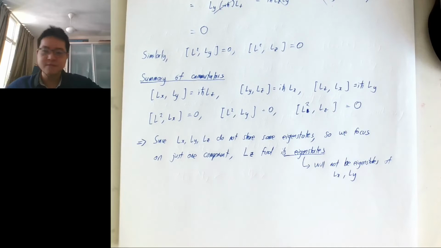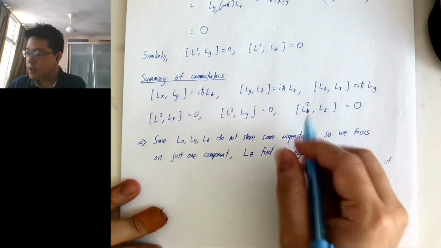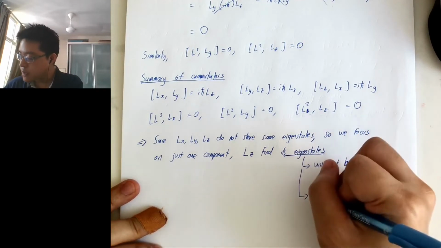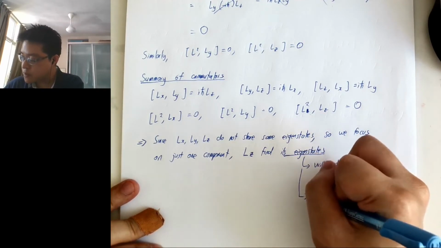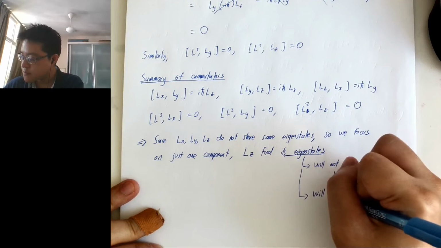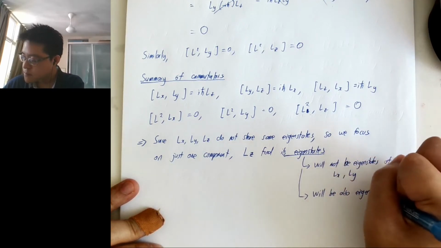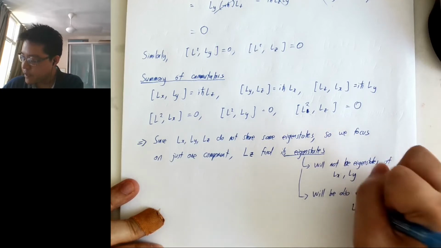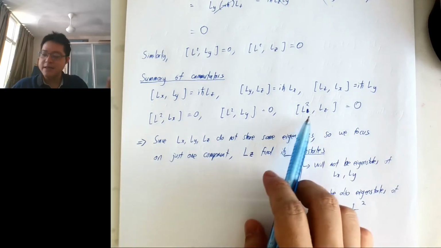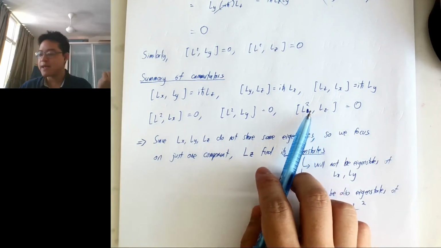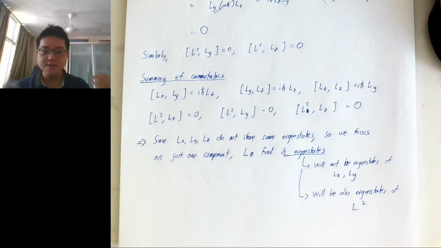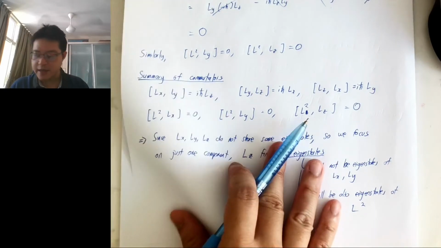But because of this, it will also be eigenstates of L square. So at least we got something else, right? So that is the eigenstates.